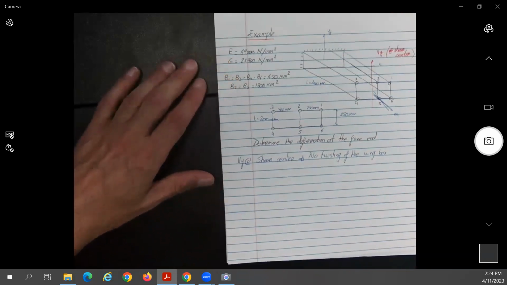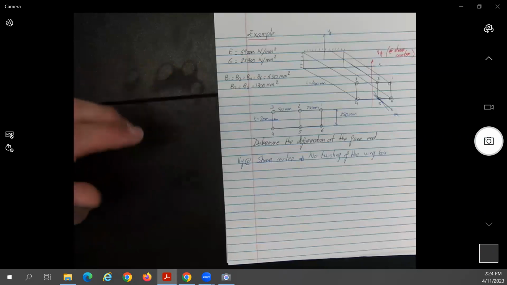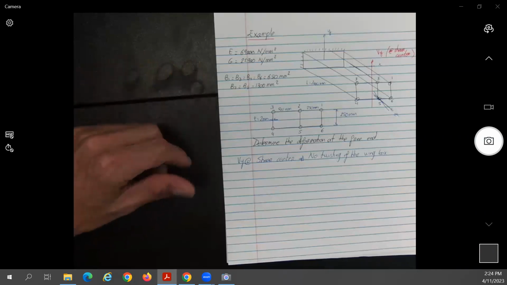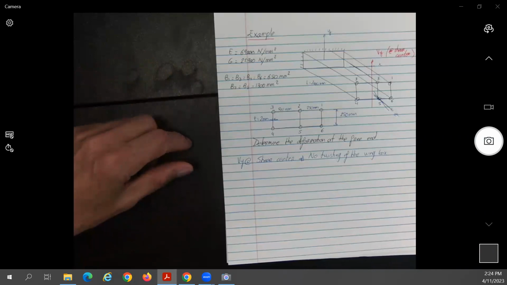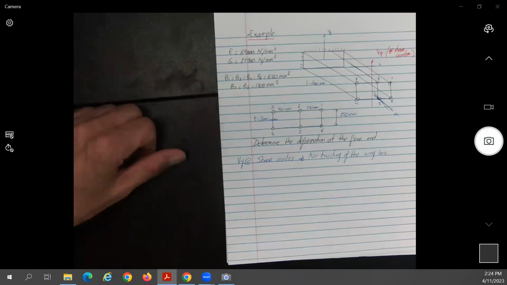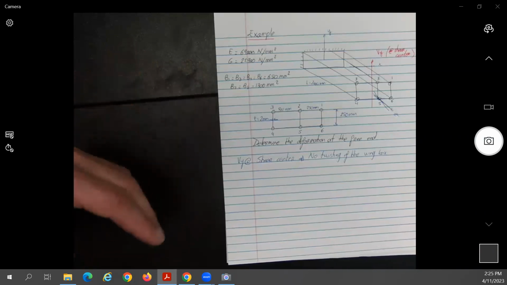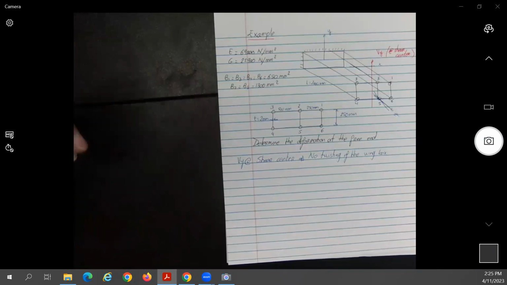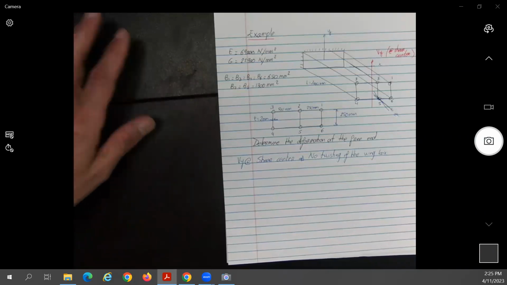It doesn't change anything in the procedure, but we know that in order to find the deformation, we're going to use Castigliano's theorem, which implies the use of strain energy. So remember that we broke the strain energy into different components due to axial, bending, torsion, and shear, no?